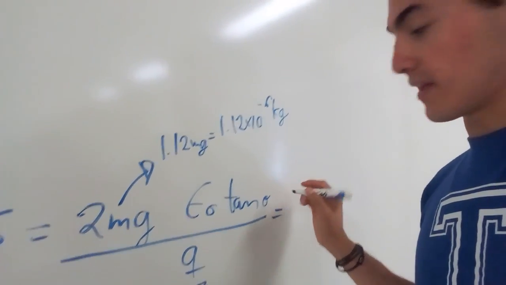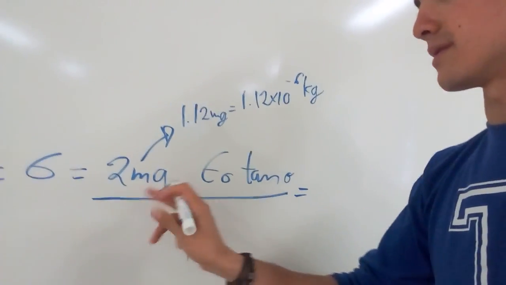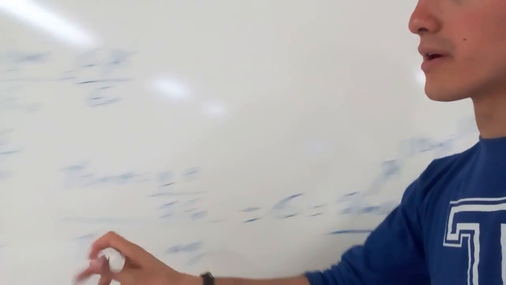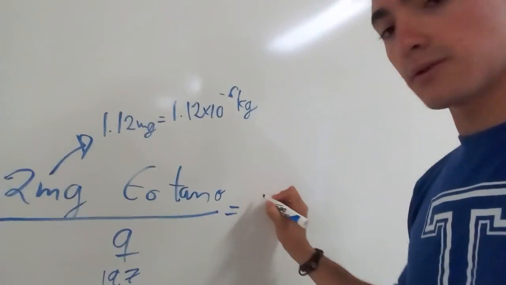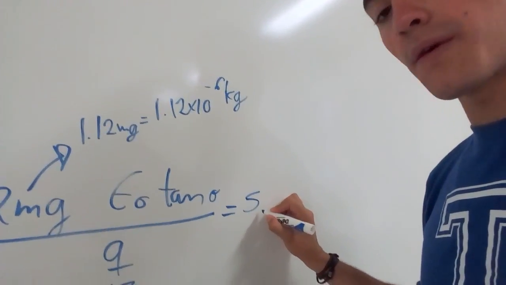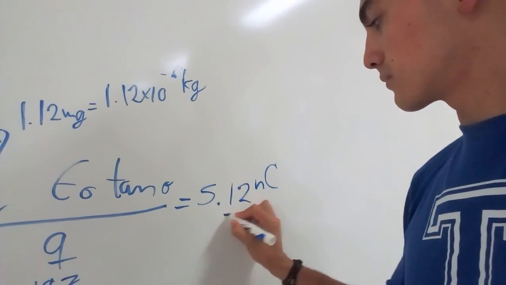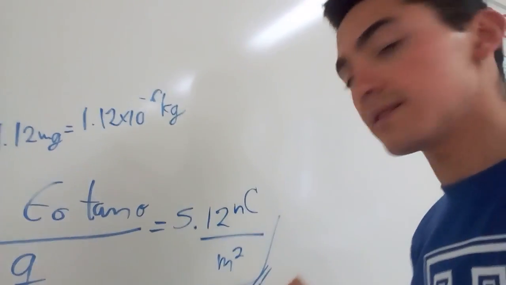So as we substitute our values, the total value of our density for the plane, that was the question for our problem, says that our density is equal to 5.12 nanocoulombs over meter square. And this is how you solve it.